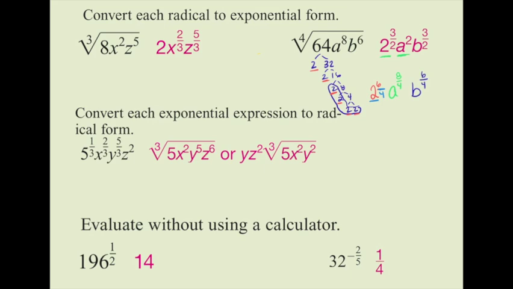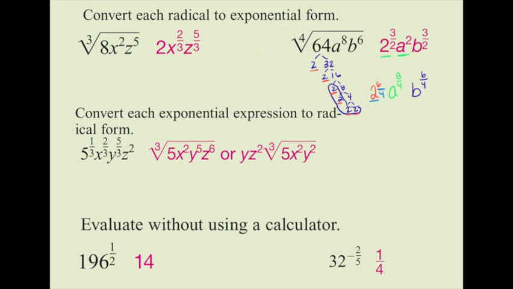Once again, 6/4 reduces to 3/2. So if I write my 64 in prime, it's going to be 2 to the 6th. So 6/4 reduced. a is going to be 8/4, reduced is 2. b is going to be 6/4, reduced, that is 3/2. Okay, so that's rewriting that one.